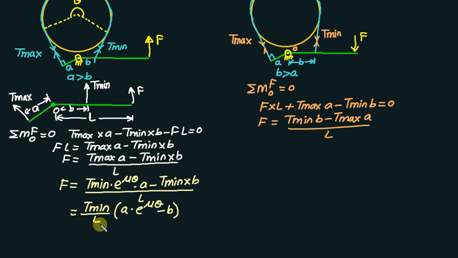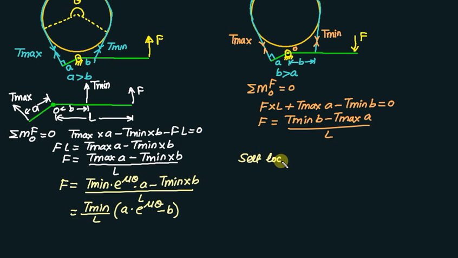Now from this equation we can conclude that the sign of F depends on this bracket. If this bracket is equal to 0, then we don't require any force, that is called self-locking. Or if this bracket is a negative value, then the force acts in a downward direction. So that becomes the condition for self-locking.